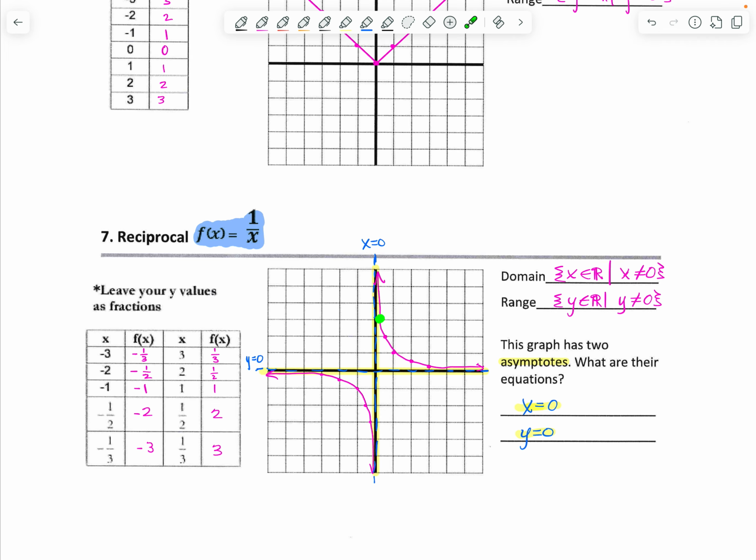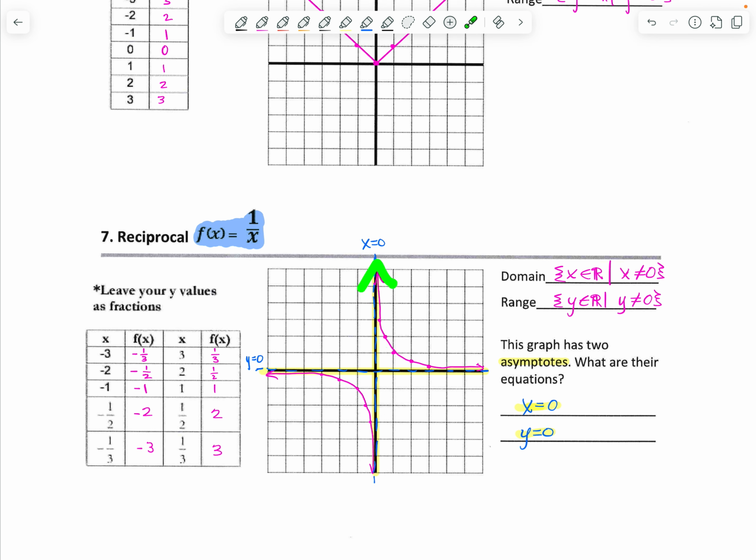As you can see, just like for the exponential, no matter how small my x gets, it's never going to cross this line. No matter how big x gets, it's never going to cross this line. But it also works in the y direction. No matter how small x gets, closer to 0, it's never going to cross x equals 0, this y-axis.